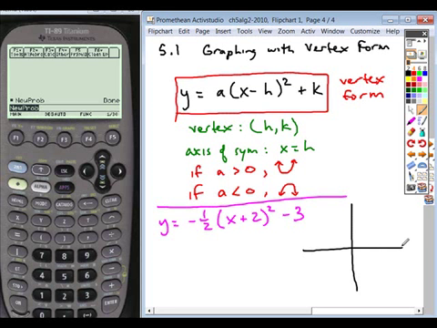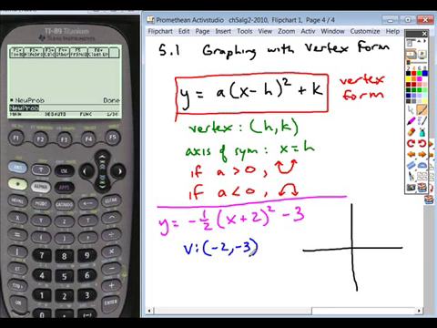Okay, so if you're looking at this and trying to sketch it, what is your vertex? Now remember, it's the value of x that would give you a 0 inside this whole parentheses. So what value of x would give you a 0 in here? -2. And then what's your y-coordinate for your vertex? -3.